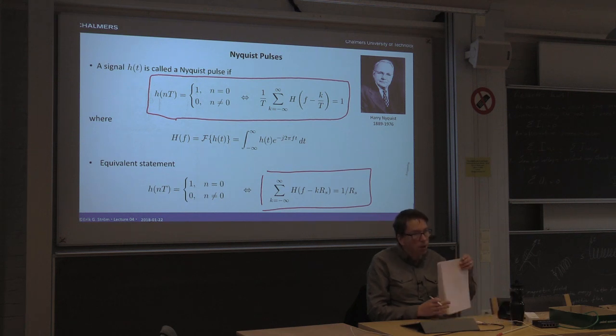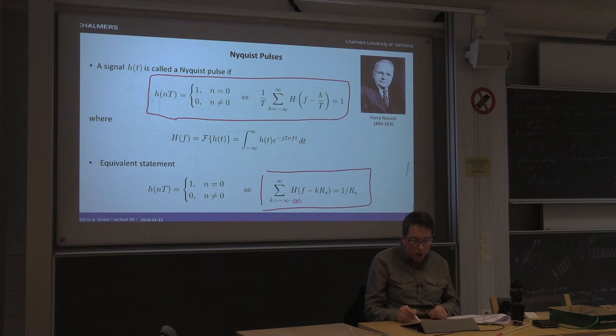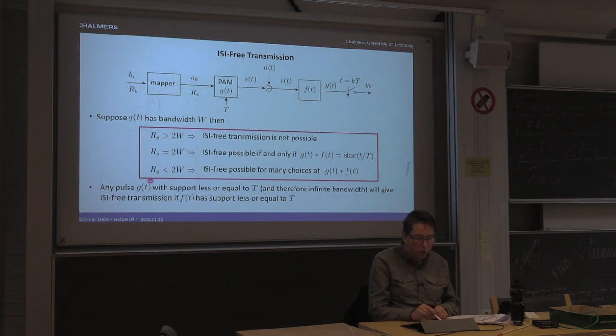So let's see what we can deduce from this formula. How can we use it in order to justify what's inside the red box here? Can we relate symbol rate and bandwidth and say something about what h should be, the convolution of g and f?